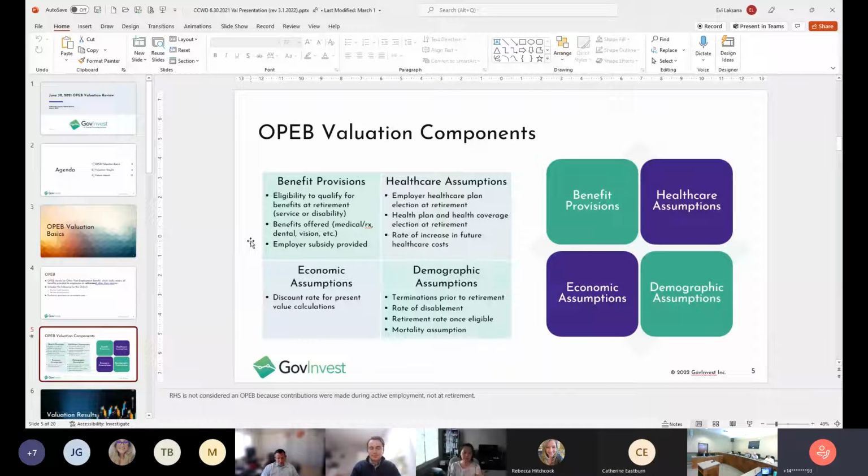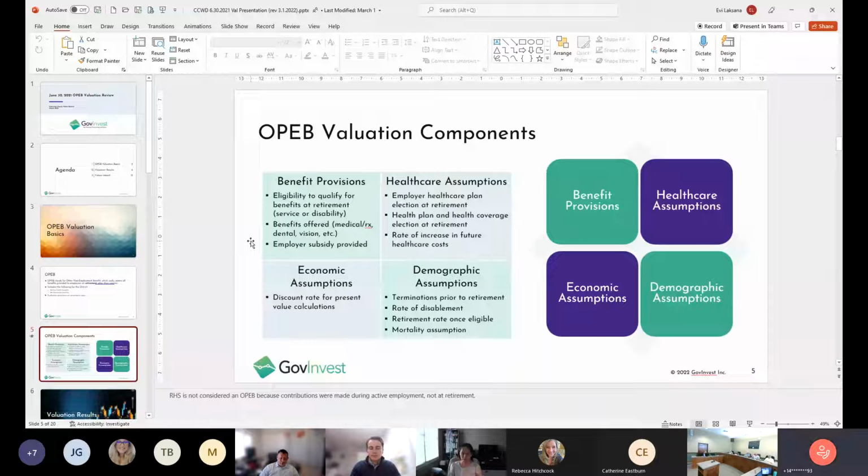It may not be the same plan that they elected while they're active. And if they currently have spousal coverage, they may not cover spouses at retirement because the spouse may have coverage elsewhere. So we also have to assume the percentage of active employees who actually elect spousal coverage at retirement. Those all fall under healthcare assumptions.